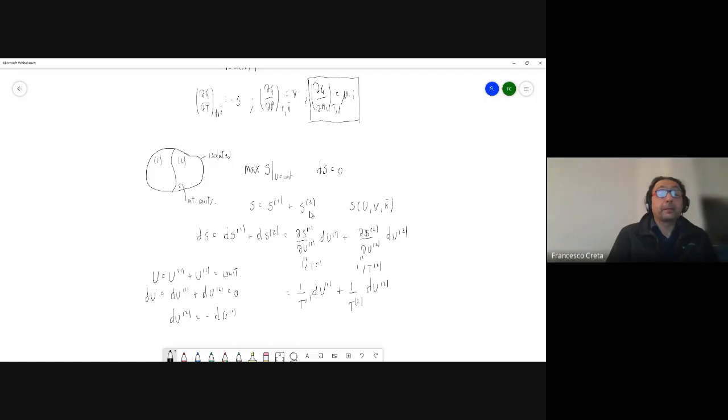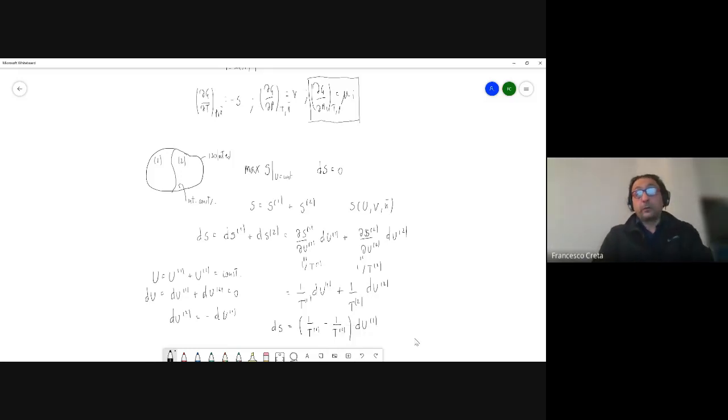So what happens is essentially any loss of internal energy in subsystem 1 is actually the gain of internal energy of subsystem 2. So again, dS, we eliminate dU2, and we have essentially 1 over T1 minus 1 over T2, okay, times dU1.